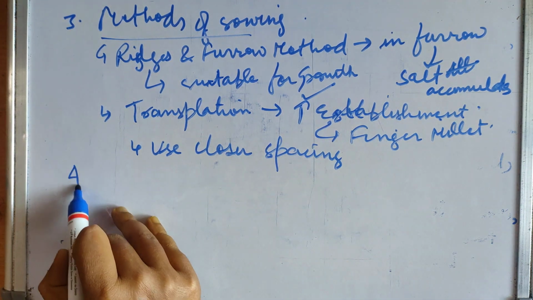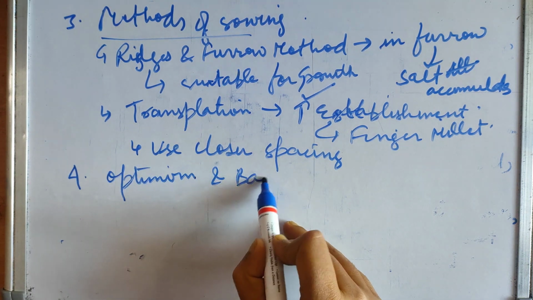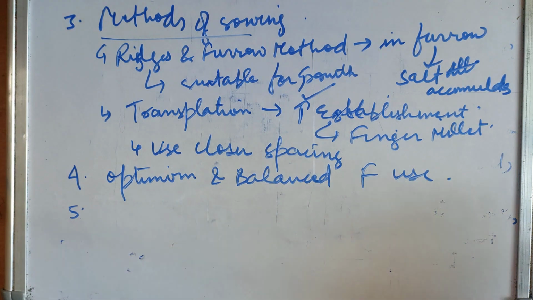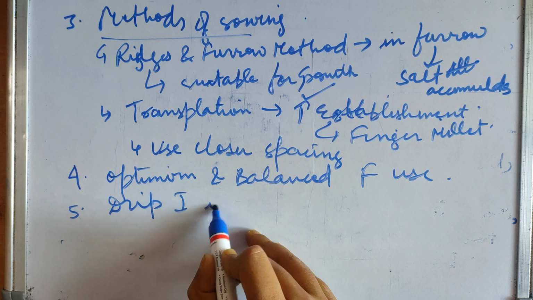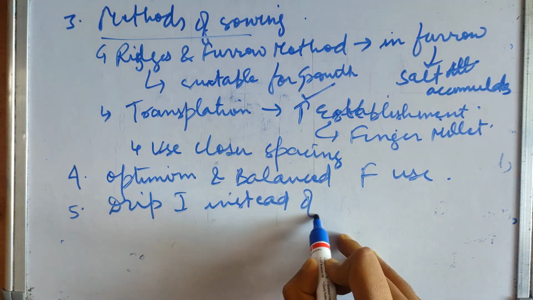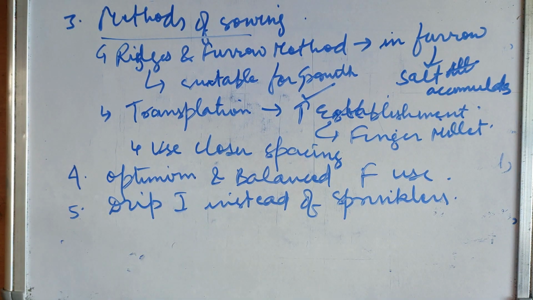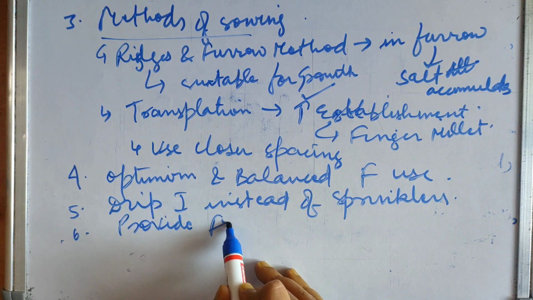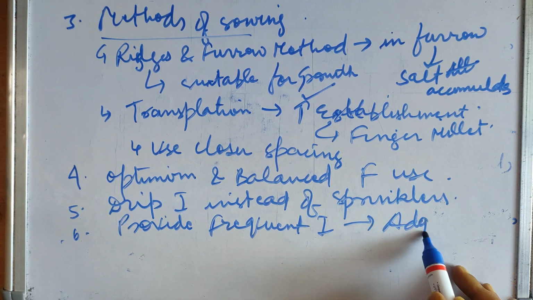We need to use optimum and balanced fertilizer instead of high fertilizer use. We need to use drip irrigation instead of sprinkler, as in sprinkler there is a problem of salt accumulation. Provide frequent irrigation. And adequate drainage should be there.